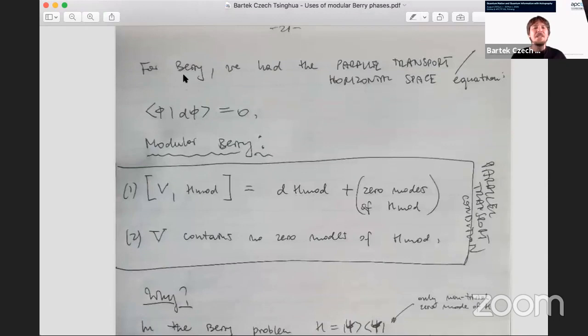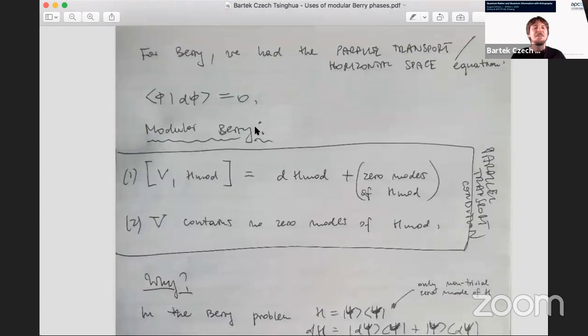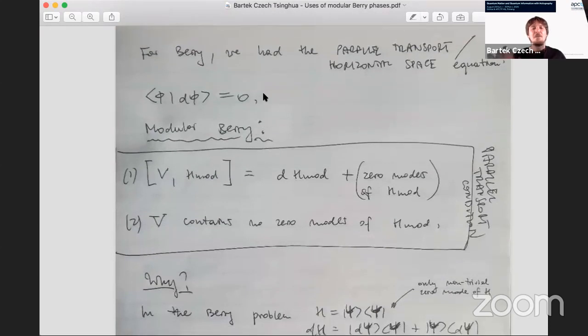Now, for Berry himself, we had the parallel transport, which was the horizontal space equation. And that equation was this one. Do you remember that? So now there is a question. Berry had his definition of parallel transport. What is our definition of modular parallel transport? The answer is, this is the definition, these two equations.